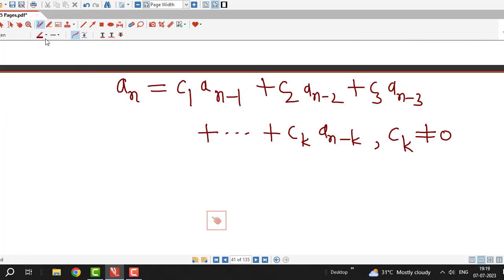So if our recurrence relation is in this form, and this coefficient ck is non-zero, then this k is called the degree of the recurrence relation.